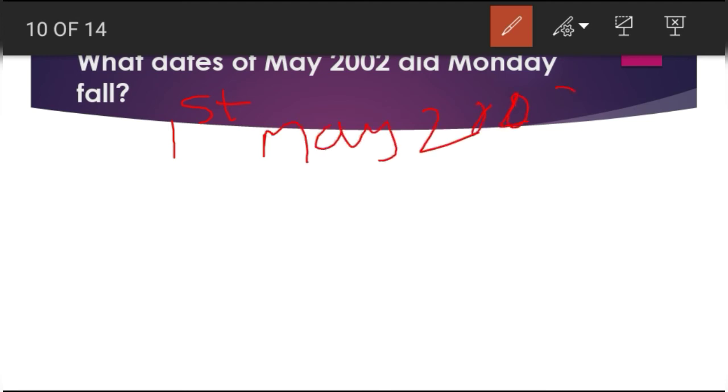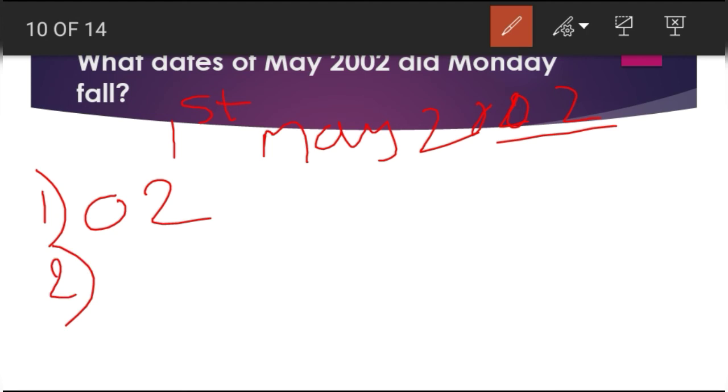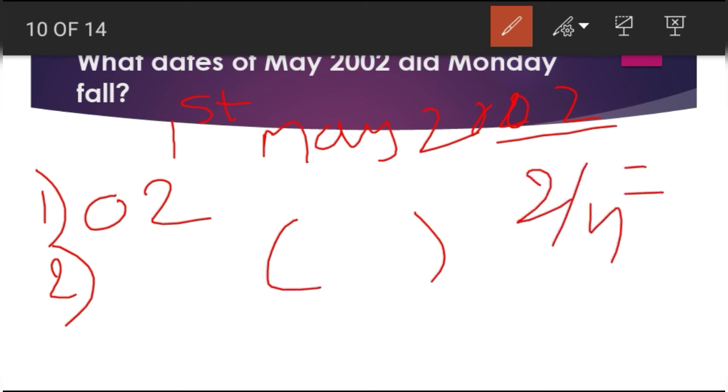What is the first step? We have to take the 02. For the second step, we check whether it is a leap year or not. 2 by 4, it is not possible, right? So the coefficient is 0 and not a leap year.